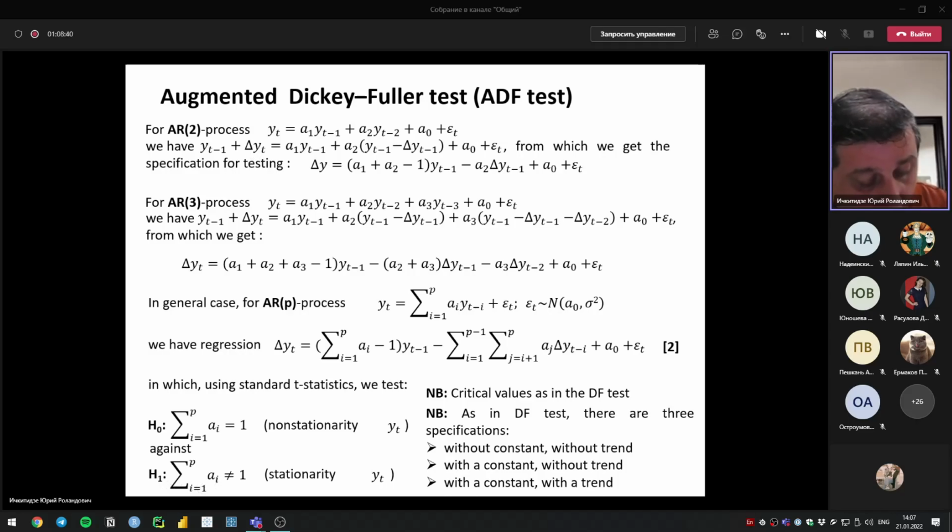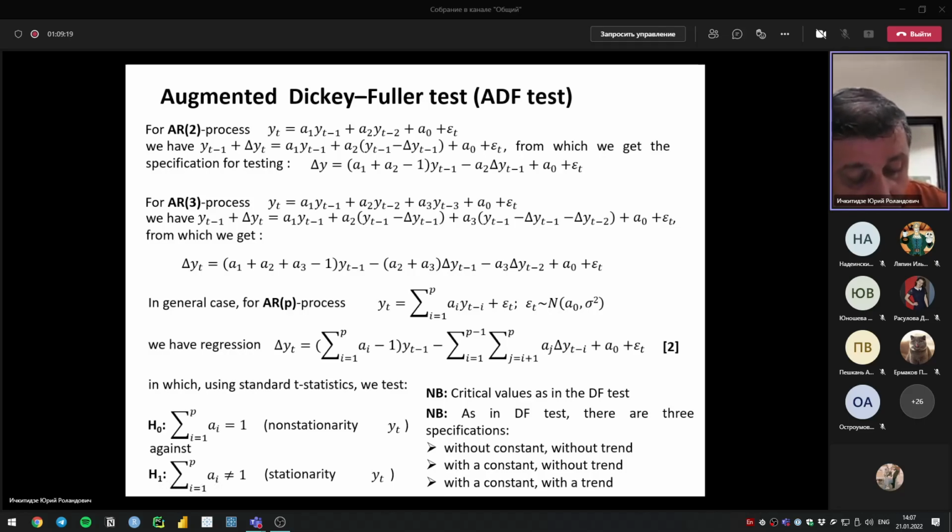We do the same for yt minus 2. This is yt minus 1 minus delta yt. And accordingly, these coefficients go here, and here we have such a specification for testing that the first difference is the lag value of the initial series with such coefficients minus a2 multiplied by delta y t minus 1 plus a0 plus epsilon.